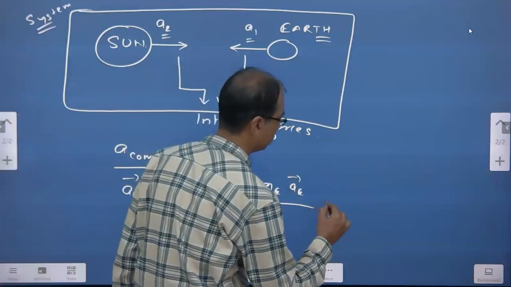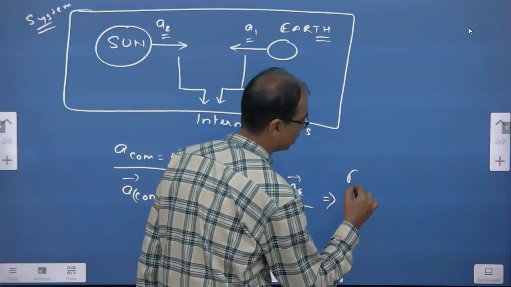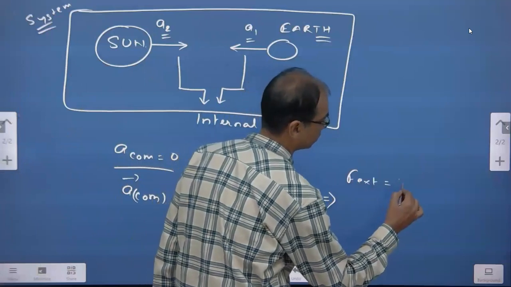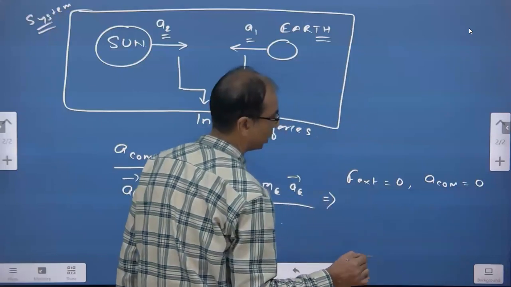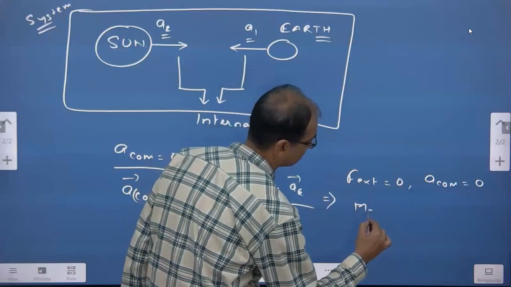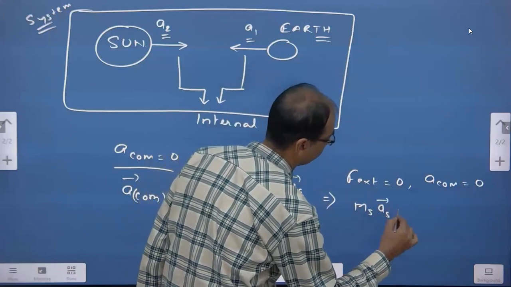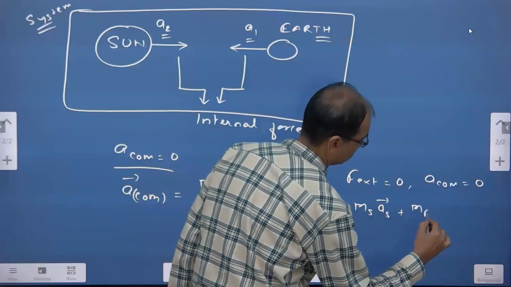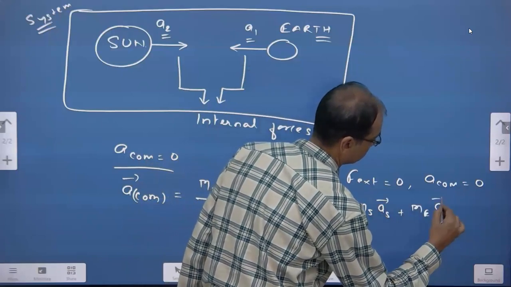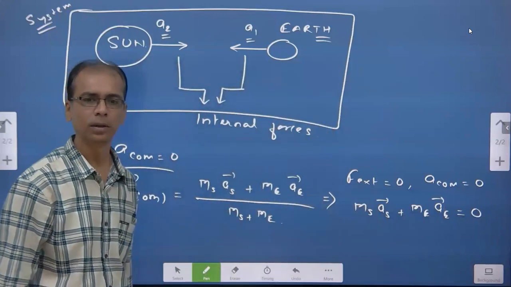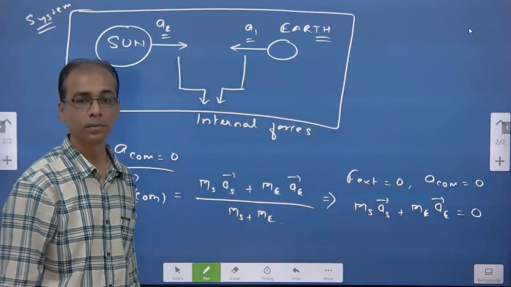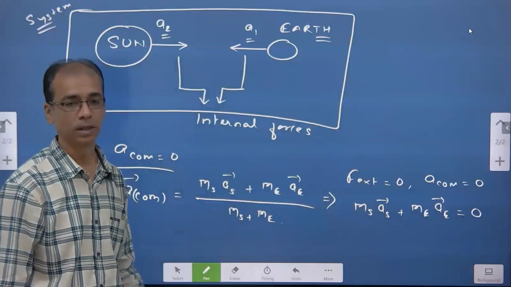Remember, if F external is 0, acceleration of center of mass is 0, no doubt. But are the individual accelerations 0? No. Is it really happening? Yes, it's really happening. This is one example.